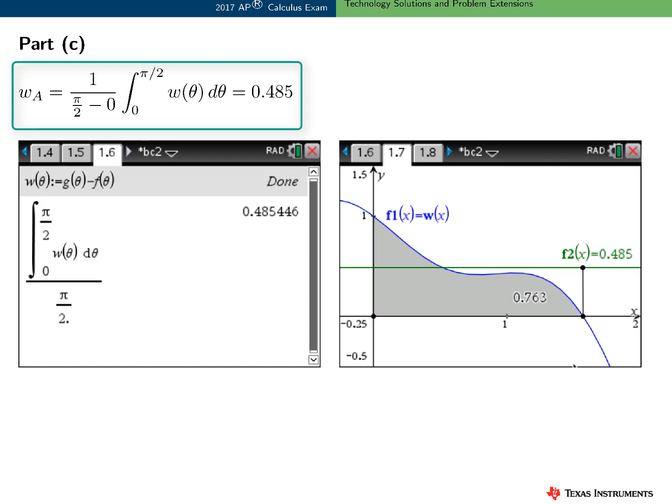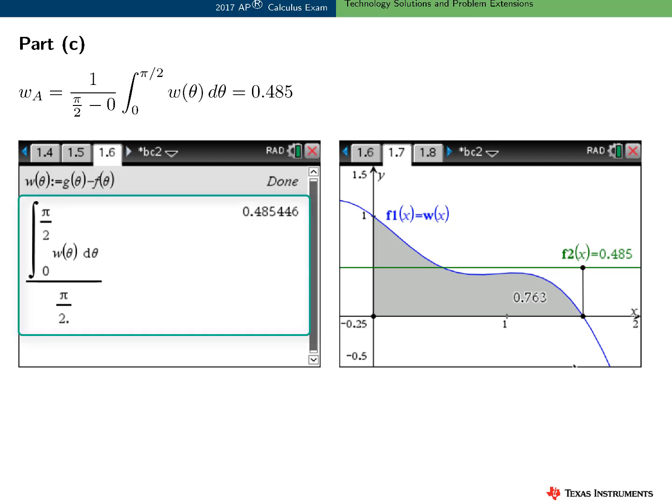In part C, we need to find the average value of the function w of theta over the interval 0 to pi over 2. Here's the mathematical expression for the average value. Using technology, I defined the function w, and then I found the average value, 0.485.